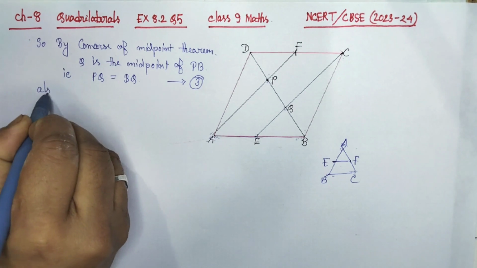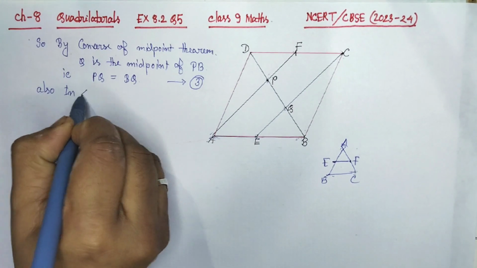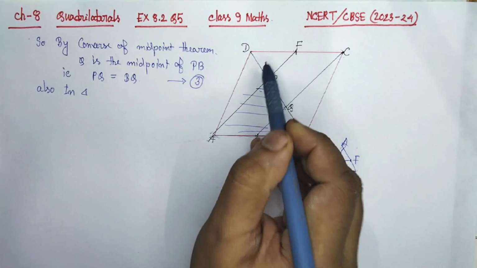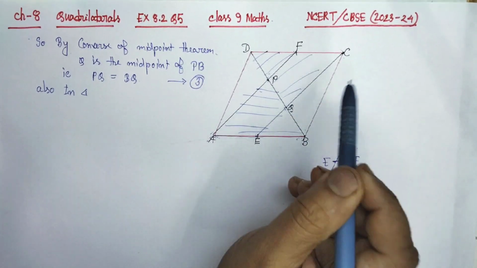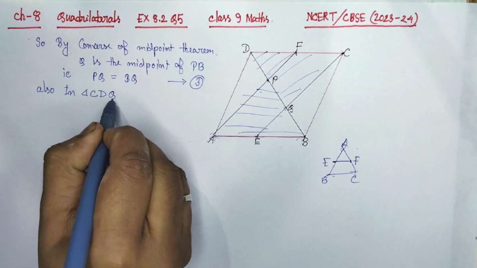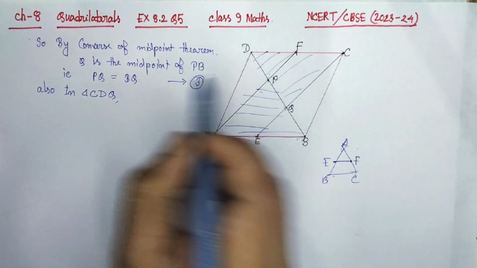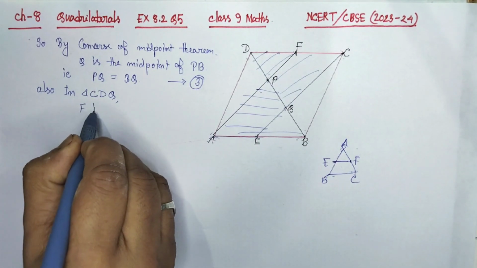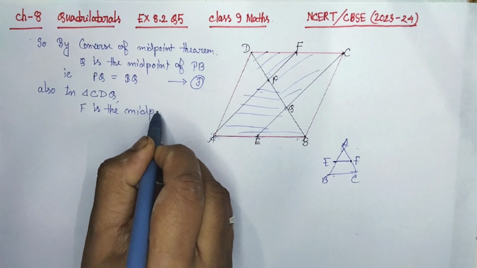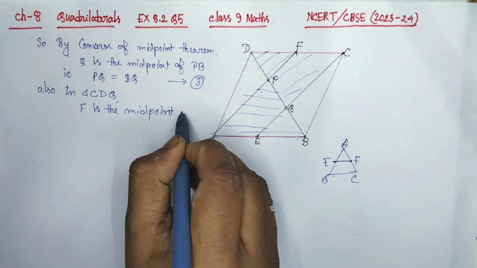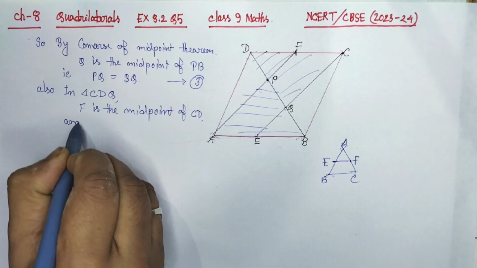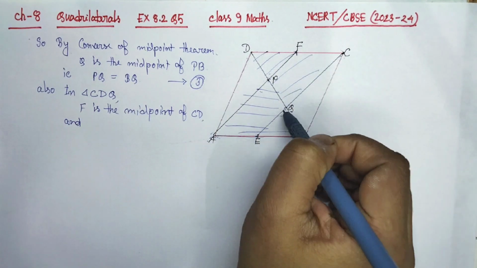And also in triangle, the first triangle is this ABP, and in triangle CDQ, here F is the midpoint of CD, and FP is parallel to CQ.